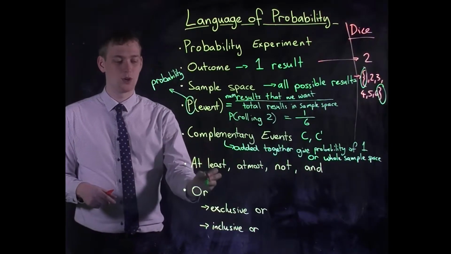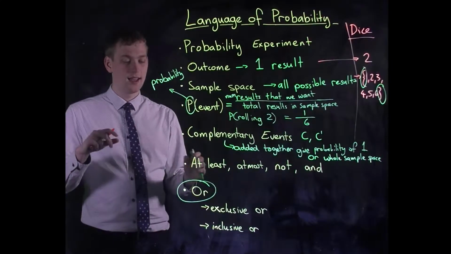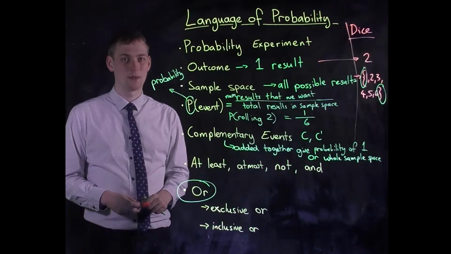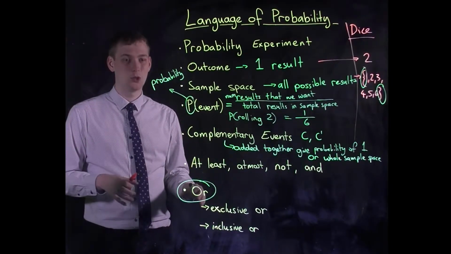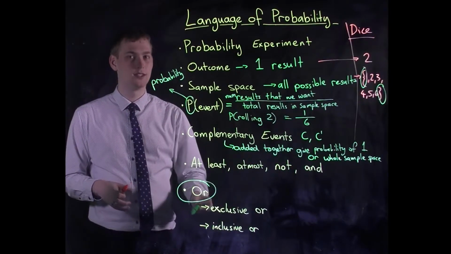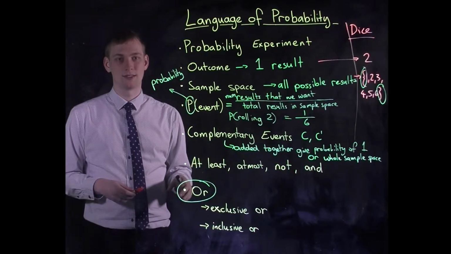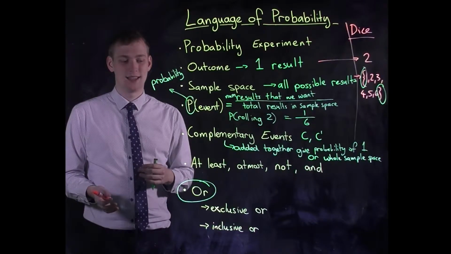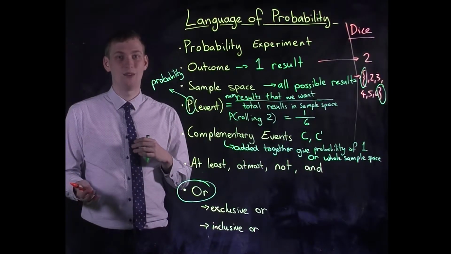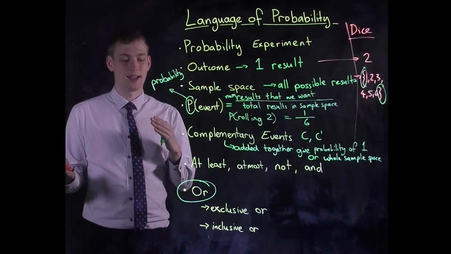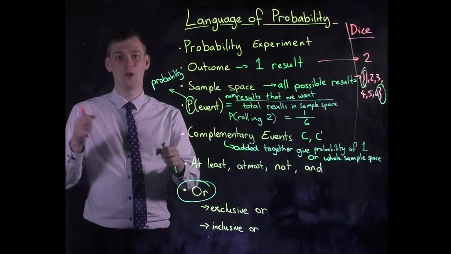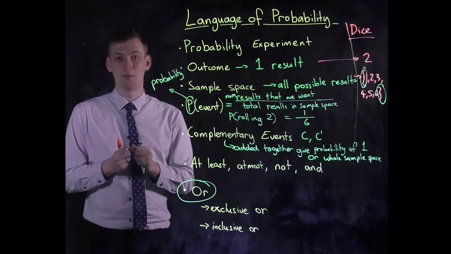Finally, we're coming to the word or, and this is a very important thing to get your head around, because this is a lot of what we're going to look at in this topic. Looking at Venn diagrams and two-way tables, an exclusive and inclusive or comes up throughout those. When we say or, it can mean two different things. If I said I want this or that, it could mean that I want either this one or that one, and I don't want them both.